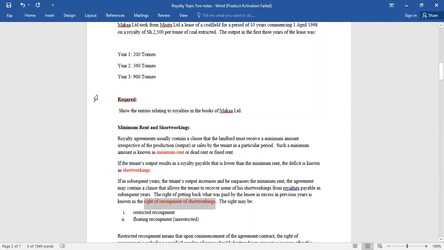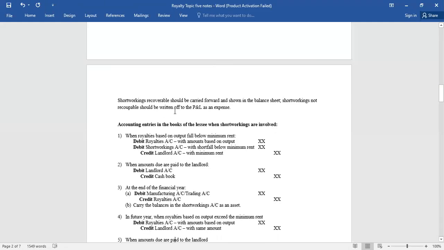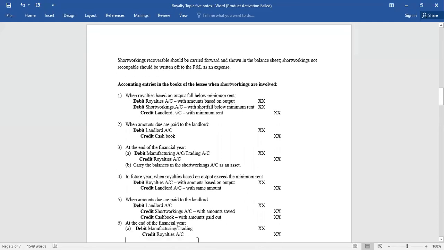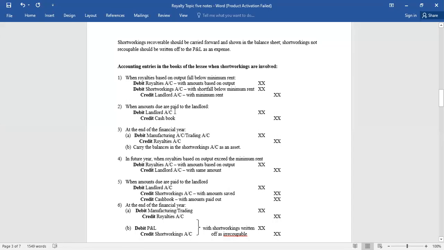Before the illustrations, this is how we are supposed to make the entries. So basically, we are modifying the three introductory journal entries that we made initially.